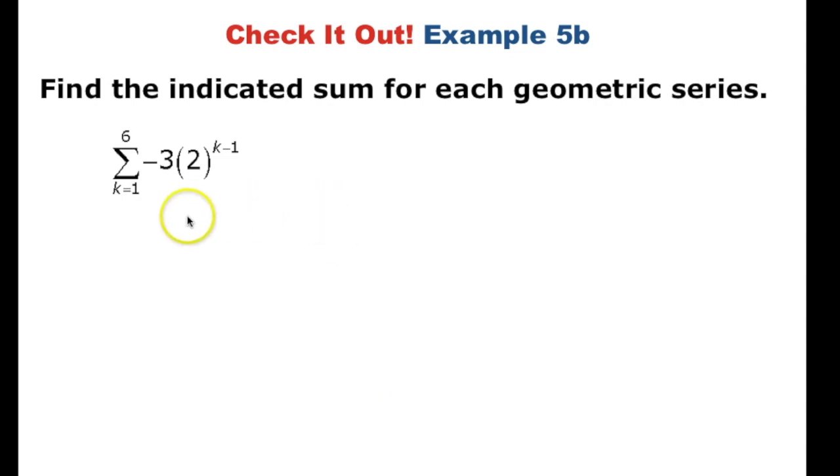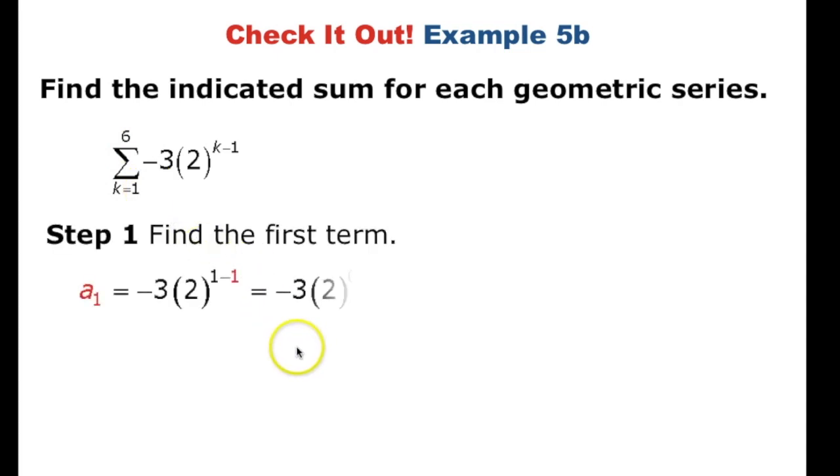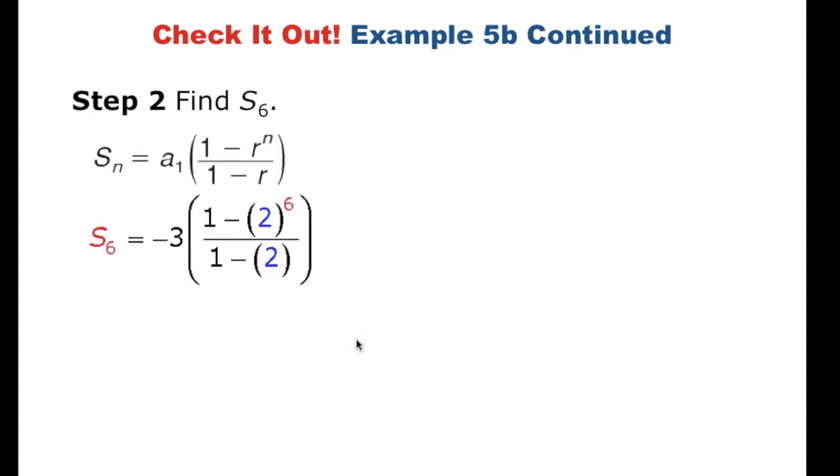Okay, I like to use this one again because it gives us the rule of a sequence, asks us to find the sum. That's what sigma means. It gives us the lower number 1 to the 6th term. So we've got to find the first term, which turns out to be -3. And then we're ready to find the sum of the first six terms.